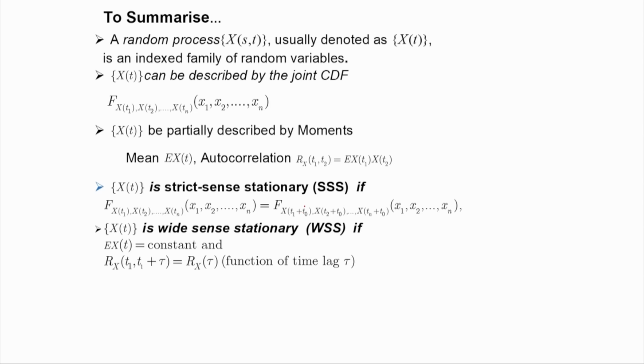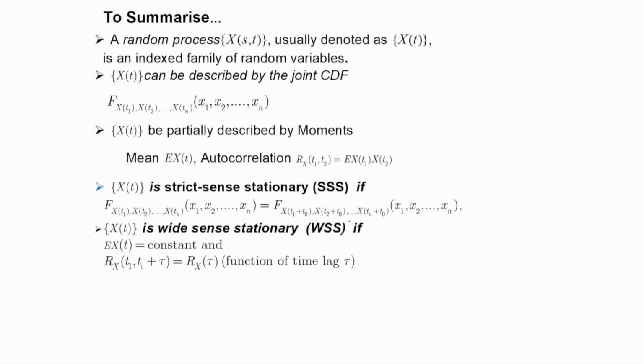So, this is the strict sense stationarity. This we can define in terms of joint CDF, joint PDF, joint PMF, but this is very difficult to analyze because you have to consider it for all n and all the placements of t1, t2, tn.